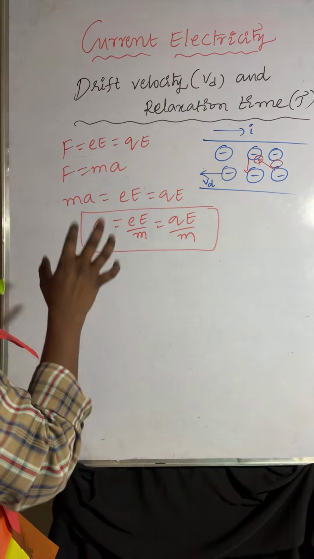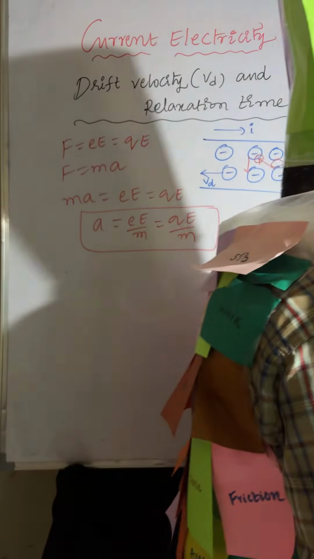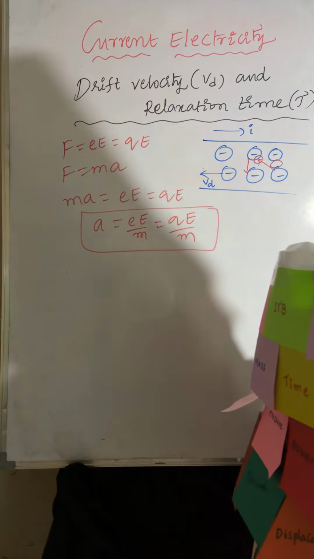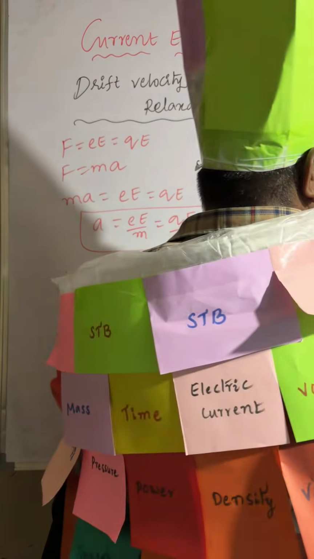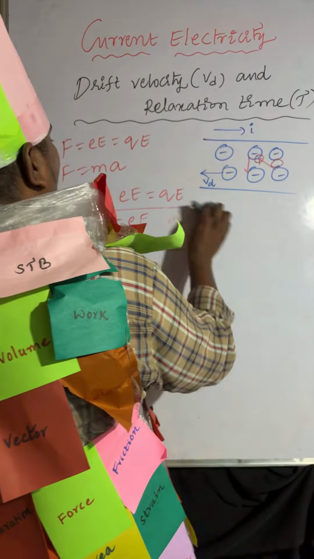Here collisions will take place again. So this is about drift velocity and relaxation time. I hope it is very clear. Understood? Next we will discuss current and drift velocity.